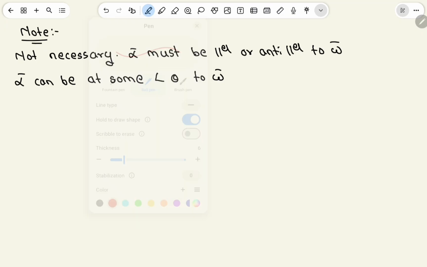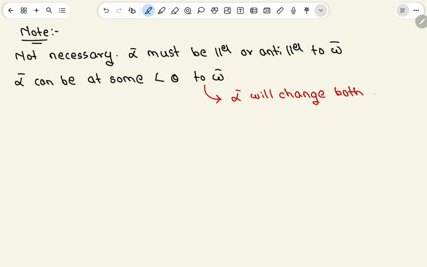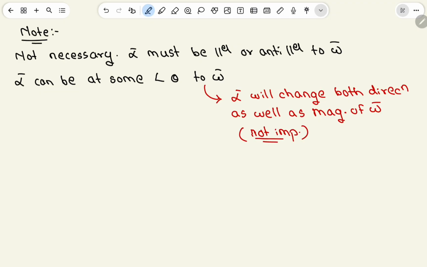But in this case, alpha bar will change both direction as well as magnitude of omega bar. And this is a complex case which is not important to us. Whereas when alpha bar is either parallel or anti-parallel to omega bar, it will not change the direction of omega bar, it will just change the magnitude of omega bar.